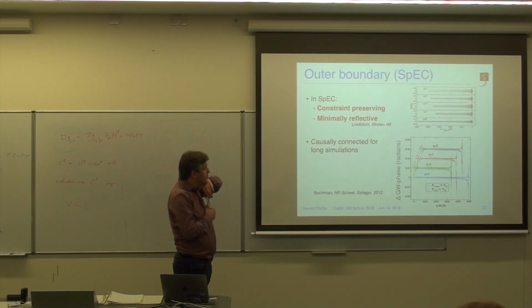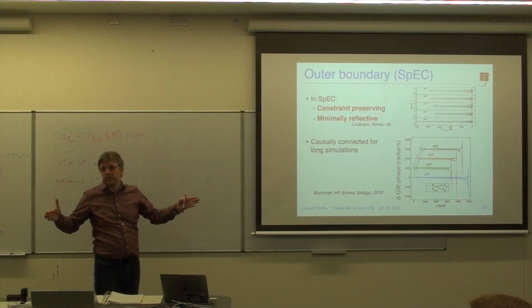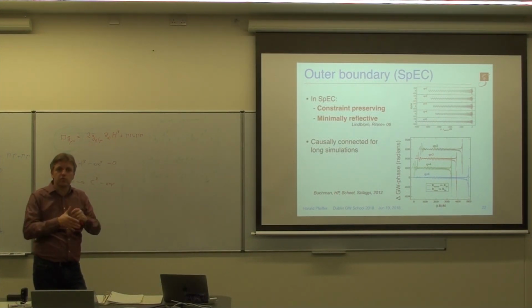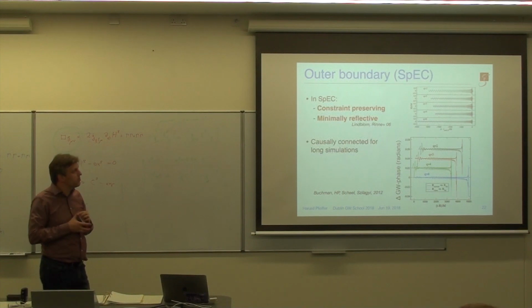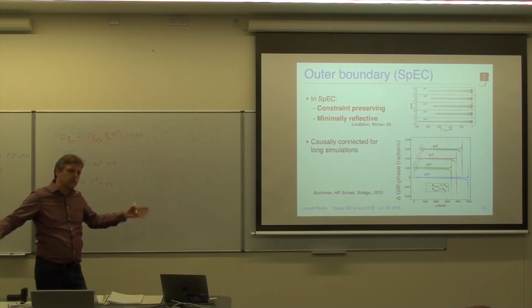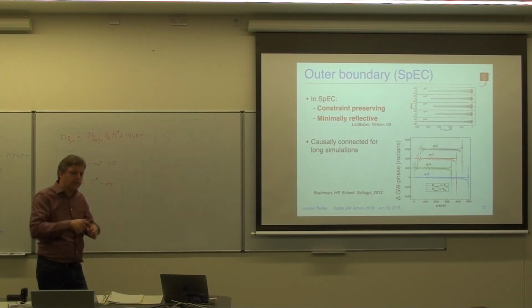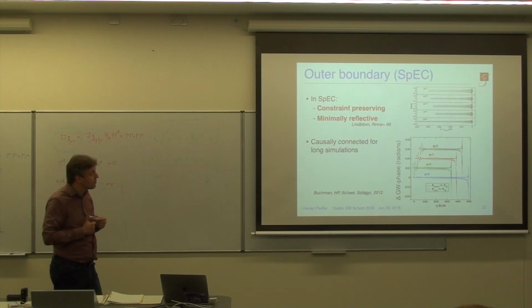And the important thing to note here is that the SpEC simulations, and by now also quite a few of the BSSN simulations, are long enough that the outer boundary is causally connected to the strong field regime. So at that point, one actually needs to worry carefully about whether the outer boundary could introduce phase errors and other difficulties back into the computational domain.